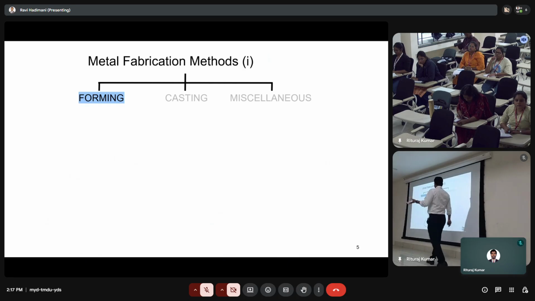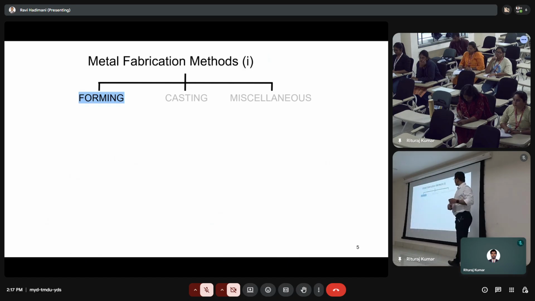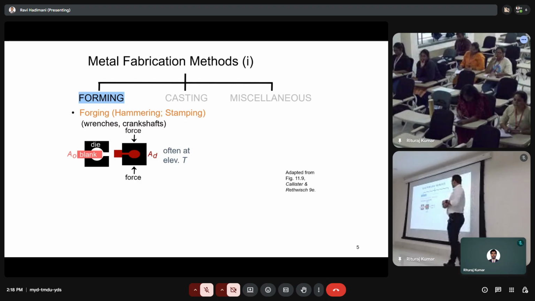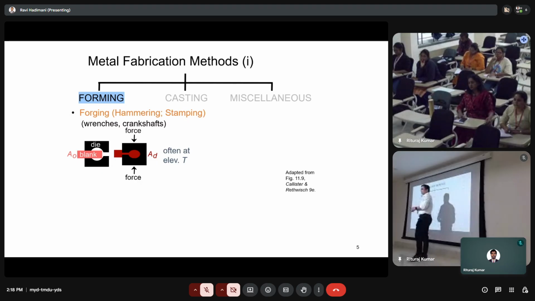So what are different metal fabrication techniques? One is forming, casting, and miscellaneous, right? The first one is forming, and in forming, you have various techniques. One is forging, where you hammer it at a high temperature to get the shape you want.